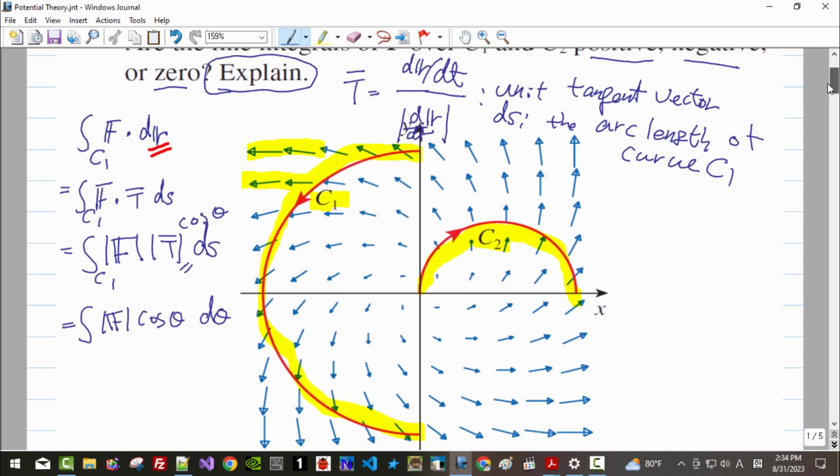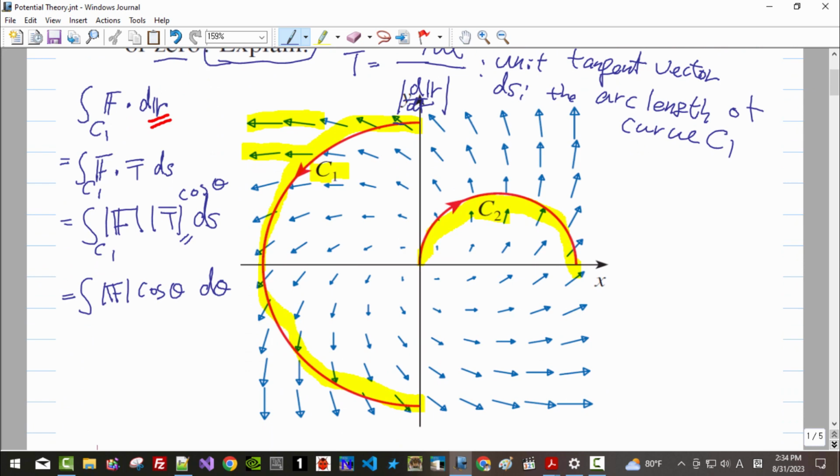I will scroll down. Unit tangent vector. This angle is theta. This angle is theta.